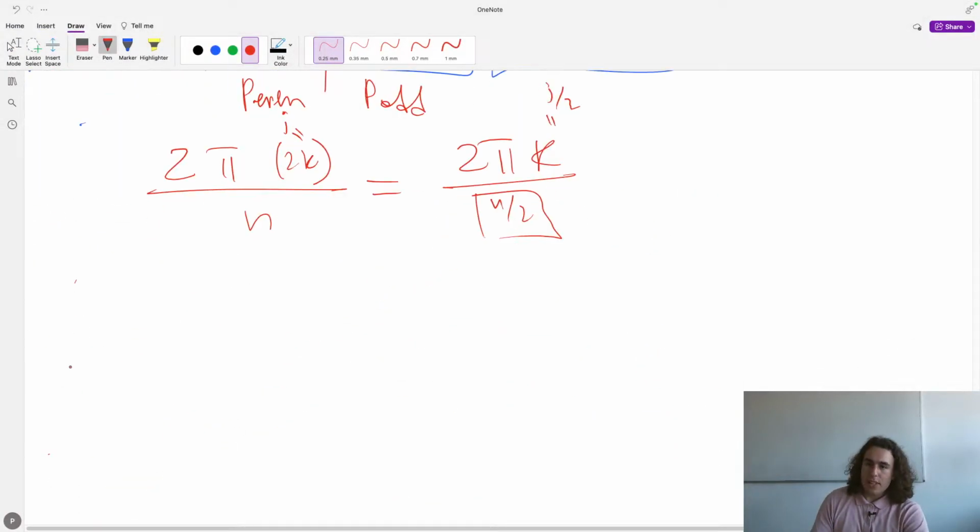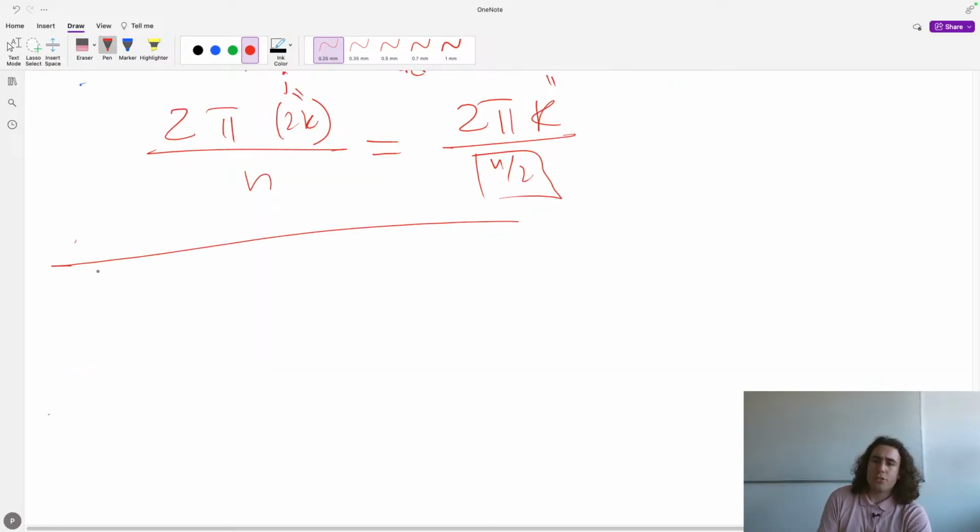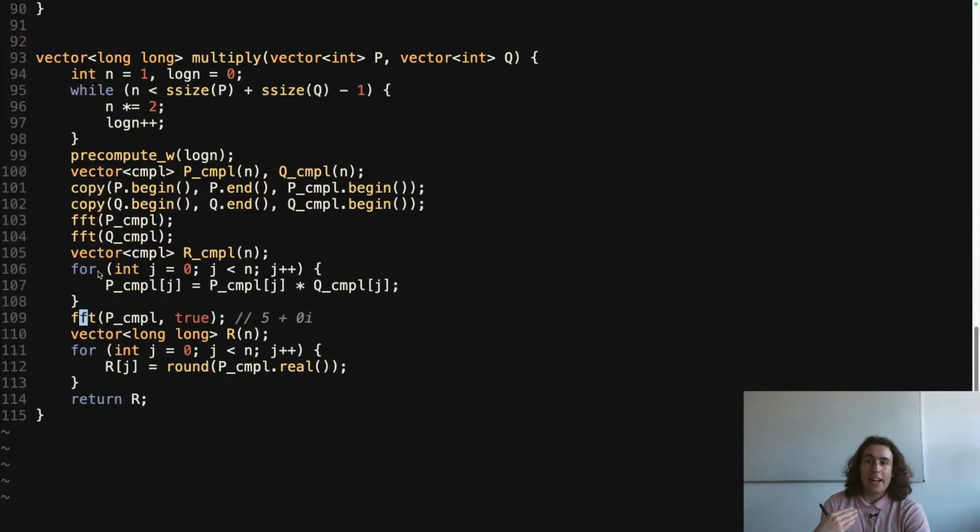Why can I do that? Well, let's imagine that we want to square a polynomial. Squaring a polynomial only requires 2 FFT calls, right? Because I need to just compute the values of P, I need to square them, and then I need to do the inverse FFT. So if P and Q are the same, I don't need to do FFT twice. So if you square a polynomial, you only need 2 calls to FFT.